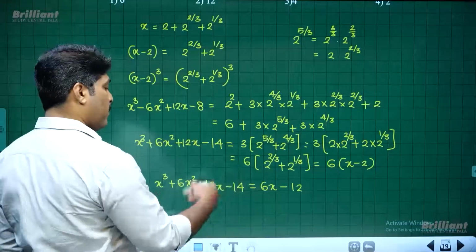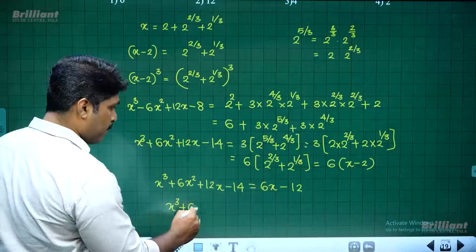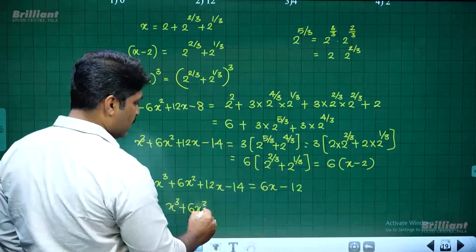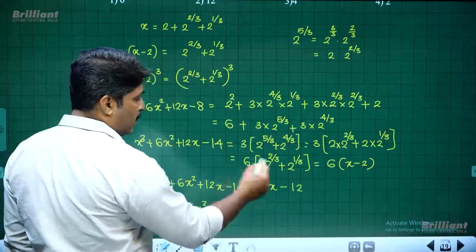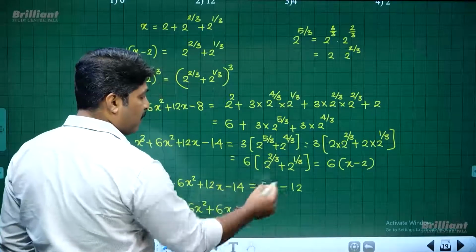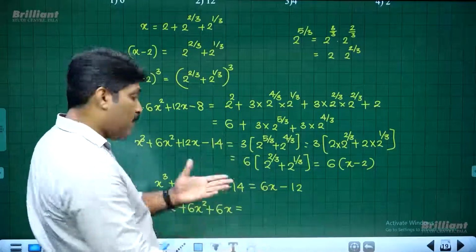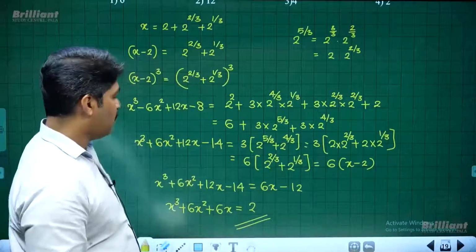So take all these values towards the left side. At that time this is x cube plus 6x square. So 12x minus 6x is equal to 6x. And on the right side, the 14 moves across and becomes plus 14 minus 12, that's equal to 2.